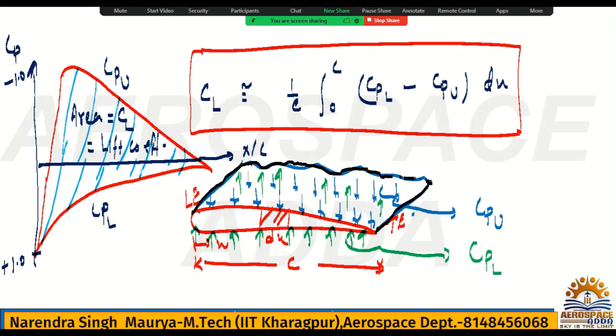The question will be asked: the area between two curves in a pressure coefficient and chord length plot will be the lift coefficient, drag coefficient, or moment coefficient? The answer will be the lift coefficient. This CL is equal to 1/c ∫ from 0 to c of (Cpl − Cpu) dx. This is very important, very special. Many times it will be used. Okay, further.